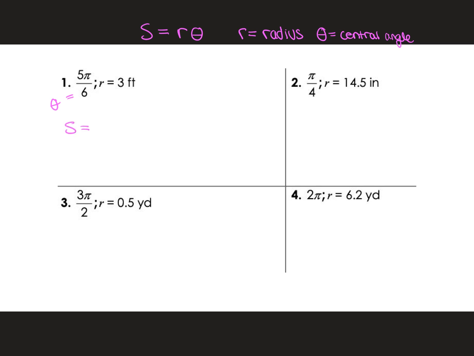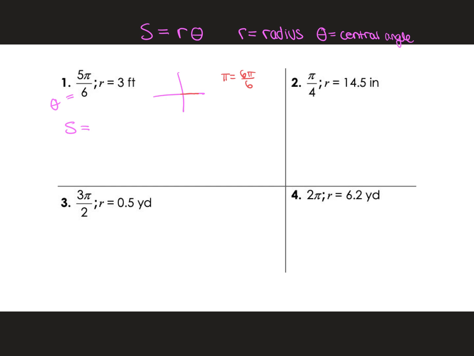To visualize this, one full rotation is 360 degrees, which is 2 pi. Half a rotation would be 180 degrees, which is pi, and pi is the same as 6 pi over 6.